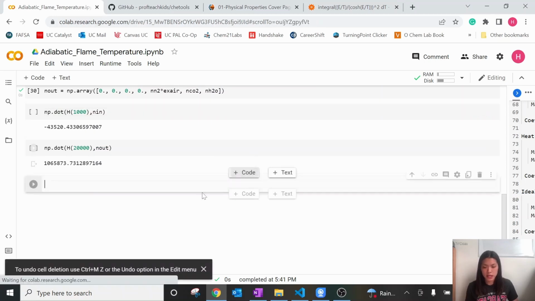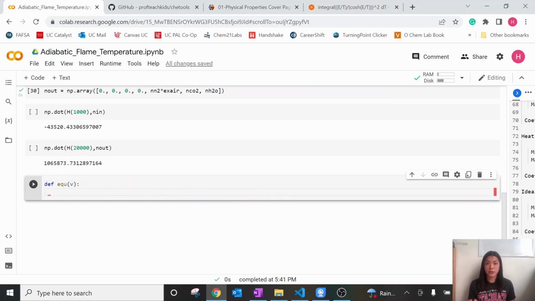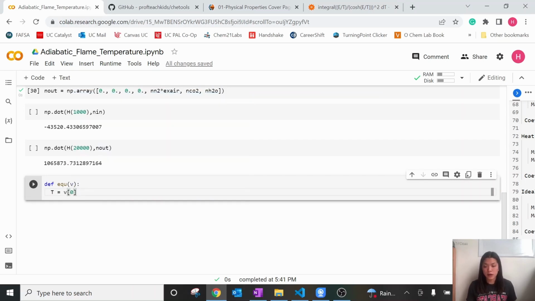And so what we can do is define a function, and we are going to define an equation, and since it is calculating the root of simultaneous equations and simultaneous functions, it's going to be in array form, and so we have to unpack this array. So we want the temperature, and that's going to be equal to the first value in the array.